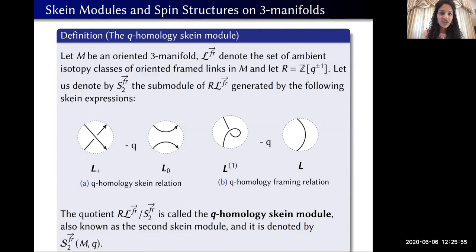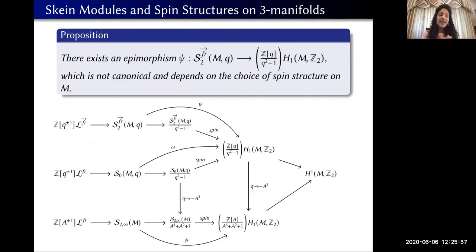Okay, and just as before, we have an epimorphism from the Q homology Skein module into the group ring over the first homology of M with Z2 coefficients. And again, this epimorphism is not canonical and it depends on the choice of spin structure on M.